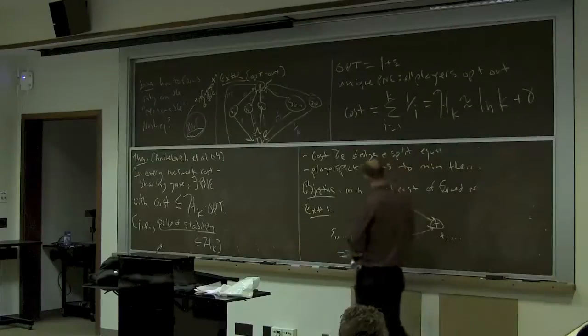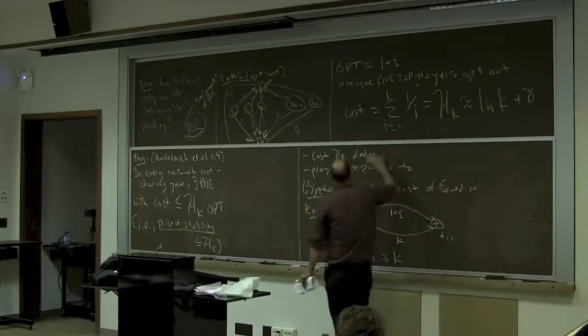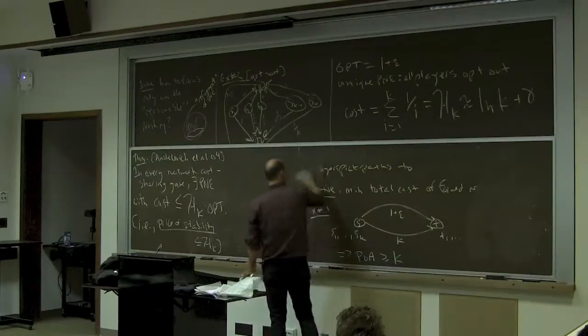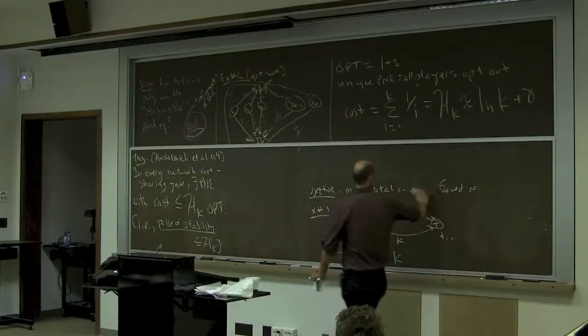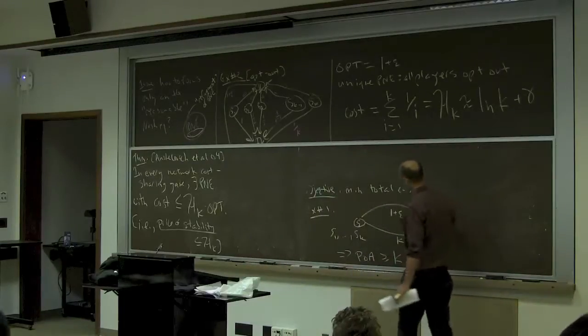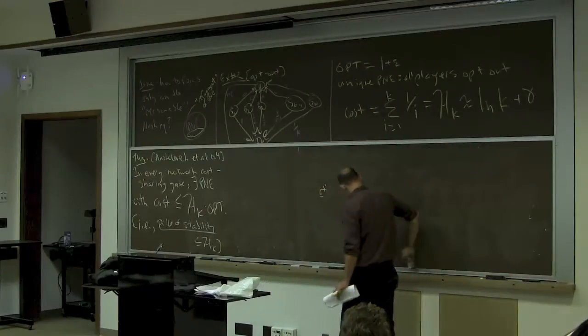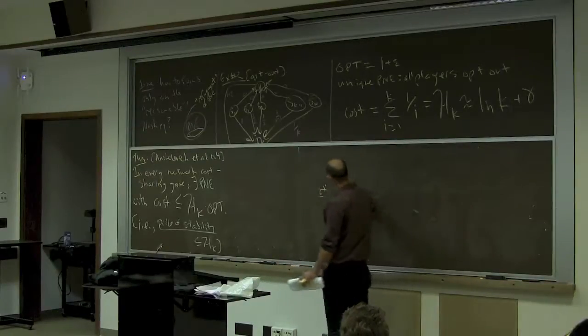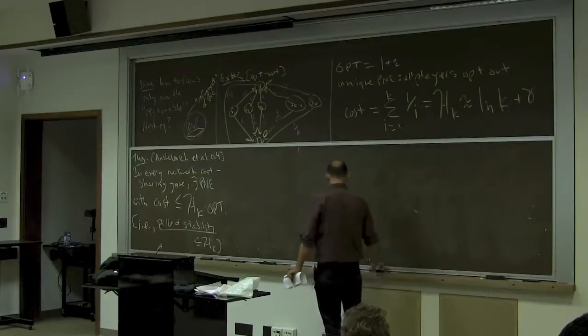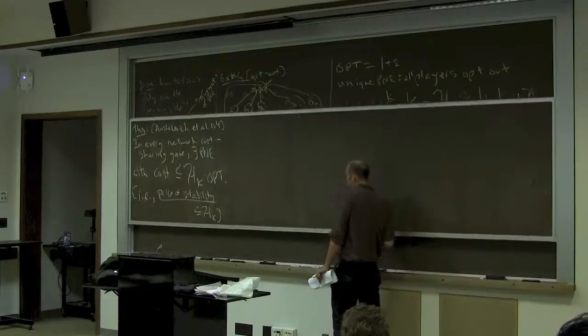So, for the proof, let me jog your memory about Rosenthal's potential function, which is a key tool in both of the two proofs we're going to do today. The first time you saw Rosenthal's potential function was a week ago.